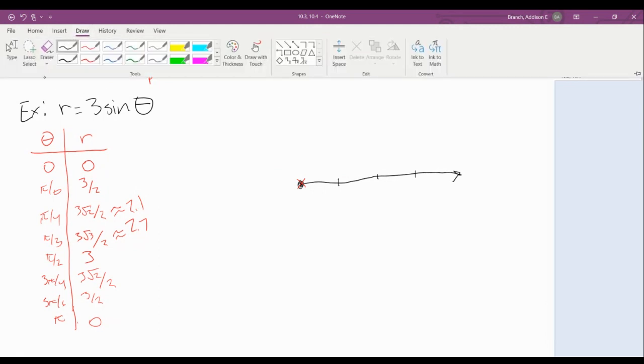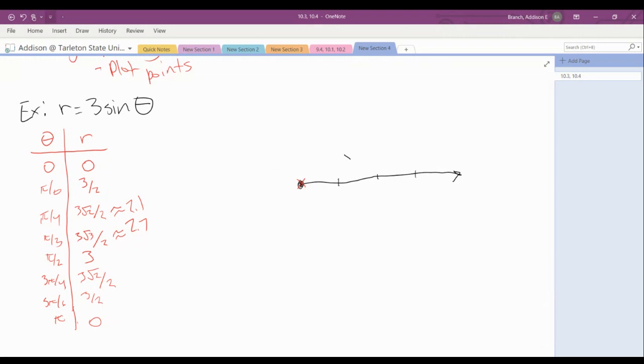We're going to plot pi over 6 and 3 over 2. So 3 up a little bit. Let me switch colors. I'd say that's a good spot. Our next one has a radius of 2.1 at pi over 4, so we go up a little bit, about right here.